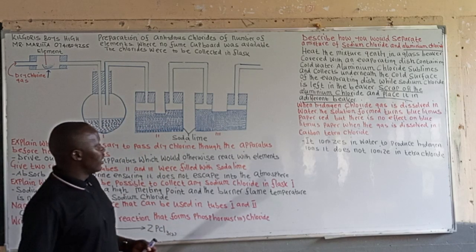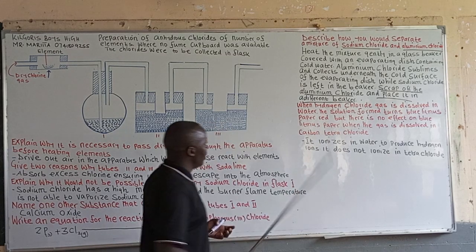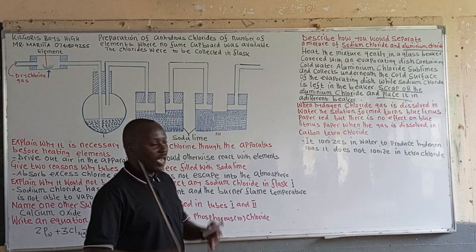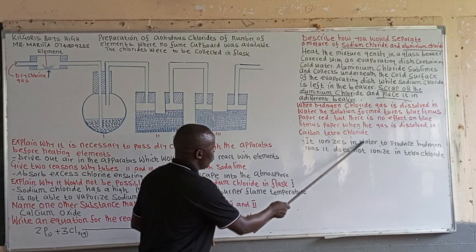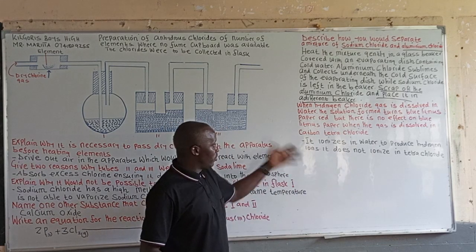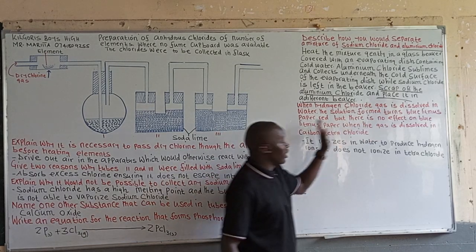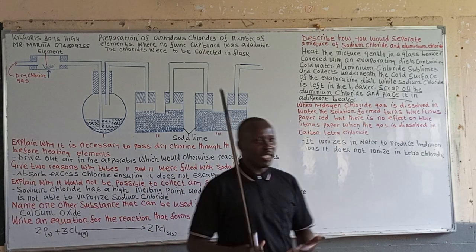What we know is that hydrogen chloride in water normally ionizes. It ionizes in water to produce hydrogen ions. These hydrogen ions are responsible for the change of the color of blue litmus paper to red, because the solution formed in this case is acidic.